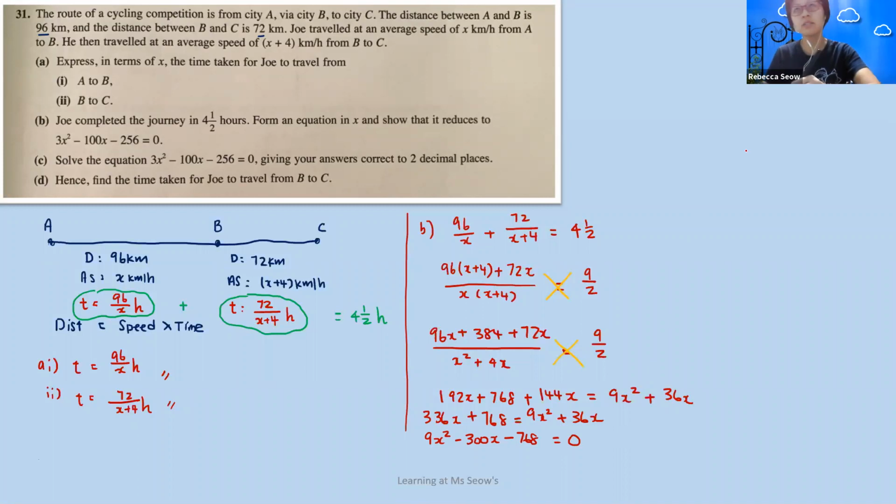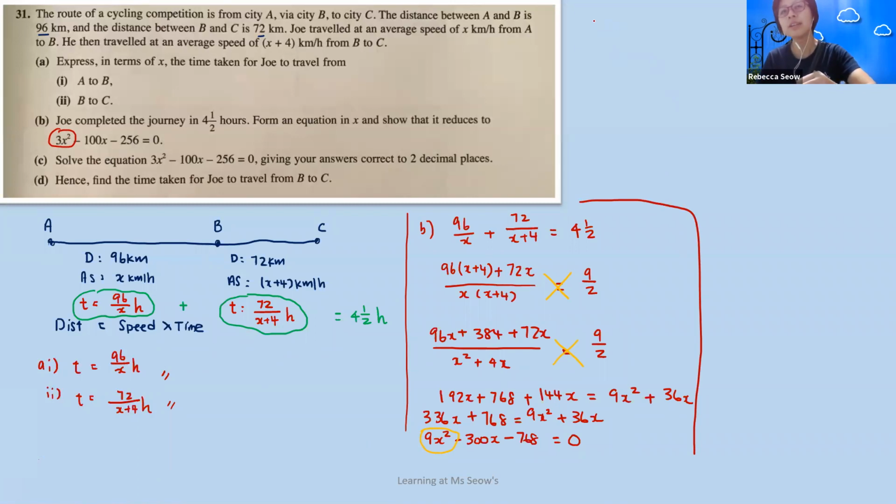Okay, it doesn't look like what the question is wanting us to find, but what we could see is that in the question, we do have 3x squared. And if we compare to the quadratic that we have over here, you realize that our coefficient of x squared is 9. So it looks like if we were to consider dividing all the terms in the quadratic that we have by 3, maybe we could end up with what the question is asking for.